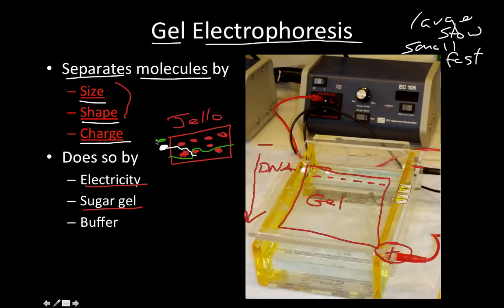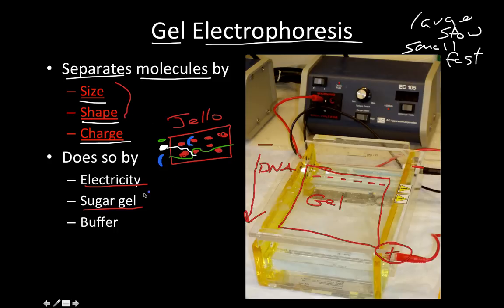But if you had something that was of the same volume, but was shaped more like this guy in blue, it might not get through that traffic jam very well because it could get hung up on one of those sugar molecules. So clunkier shaped molecules will move a little bit slower. More aerodynamic molecules will move a little bit quicker.